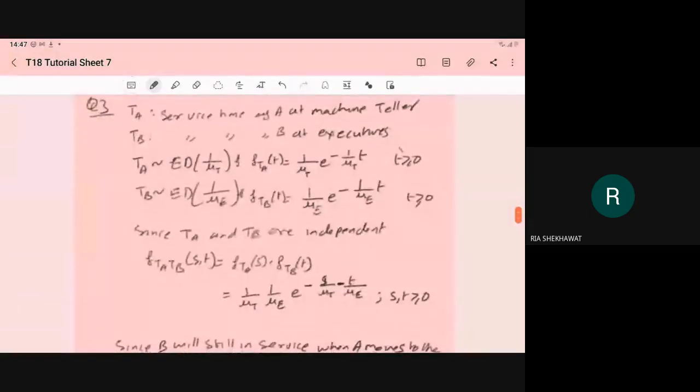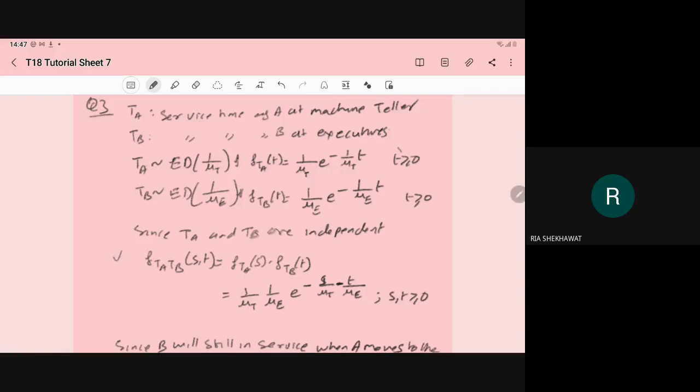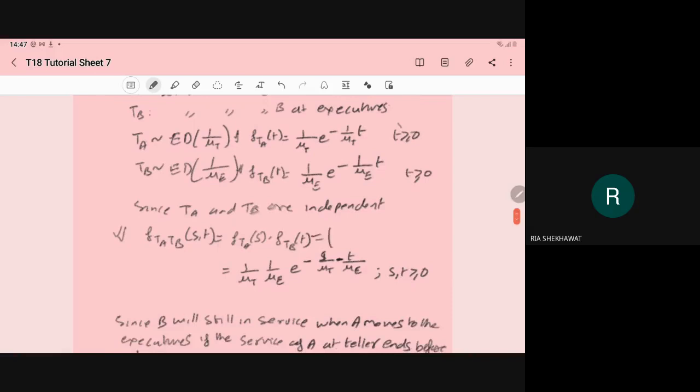Since TA and TB are independent, we can compute the joint PDF for the time for customer A and customer B. So f of TA, TB for the observed values s and t will be f TA into f TB.